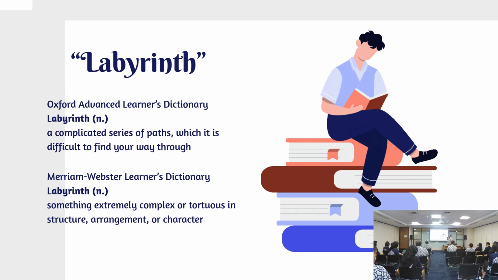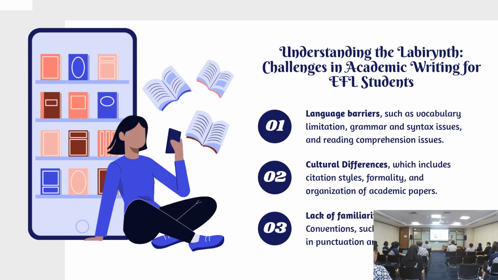Complicated, difficult, but when we immerse ourselves in it, to some extent we find the way and it's enjoyable. Especially if you're successful, then it's really satisfying. This is what I would like to share about the word labyrinth.